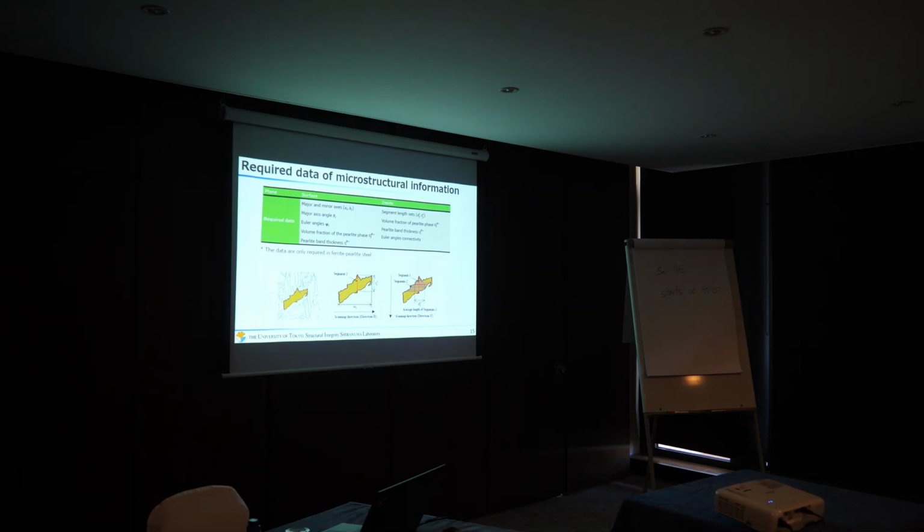But for the bainitic steel, the grain size and grain shape are very complicated. The assumption of an ellipse is not valid for this kind of complicated microstructure. So we measure the grain boundary distance directly, which means that if the distance is smaller, the resistance force of this kind of material is stronger to stop the crack growth. So we use this approach to consider the grain boundary effect.